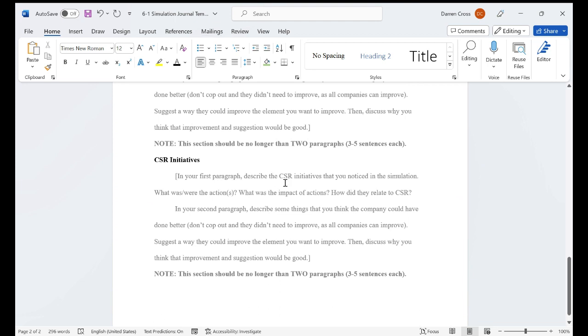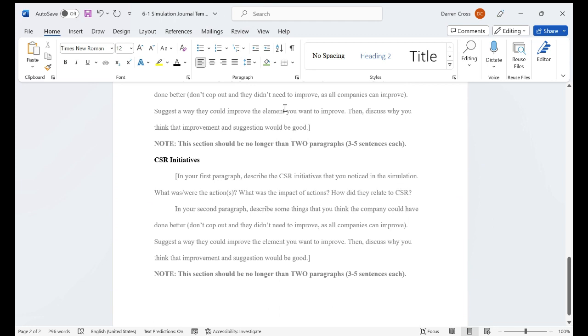In this first paragraph, 3 to 5 sentences, you're going to say, these are the initiatives that this company put into play. It impacted the population by creating this opportunity, which absolutely demonstrates a social responsibility to their community by improving the lifestyles or improving the living conditions of the community, right? So that's the way that you want to address this.